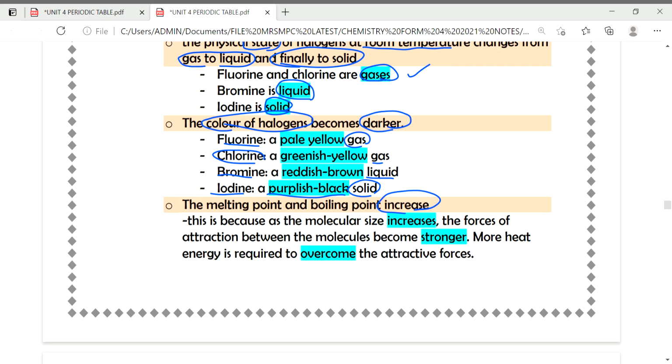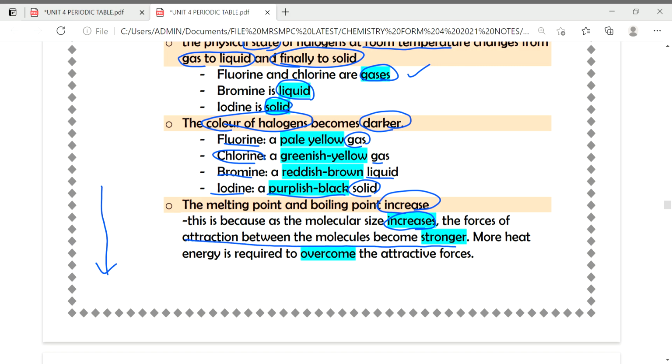This is because the molecular size increases. Sebab semakin ke bawah, the number of valence shells pun bertambah, the number of electrons pun bertambah. That's why kita kata size semakin besar. The molecular size increases, and the forces of attraction between molecules become stronger.